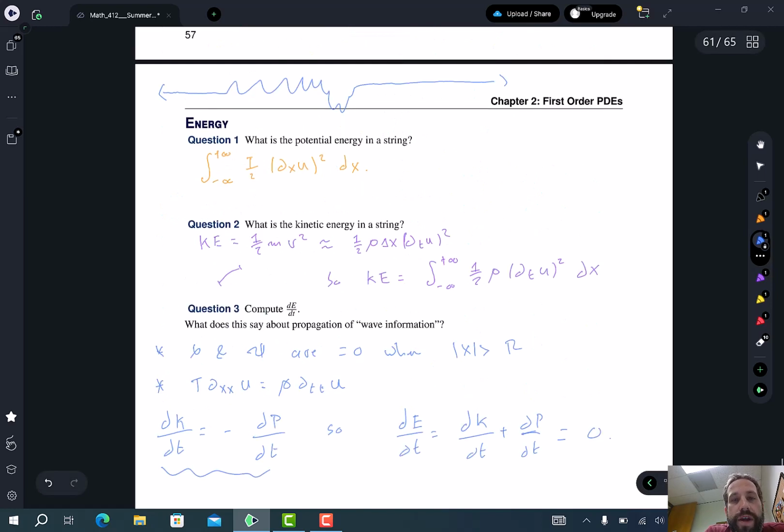In fact, there's a sense in which we can take this as the definition. We're just defining this thing called potential energy, and this is what it's equal to. And over here, we're just defining this thing called kinetic energy, and this is what it's equal to.